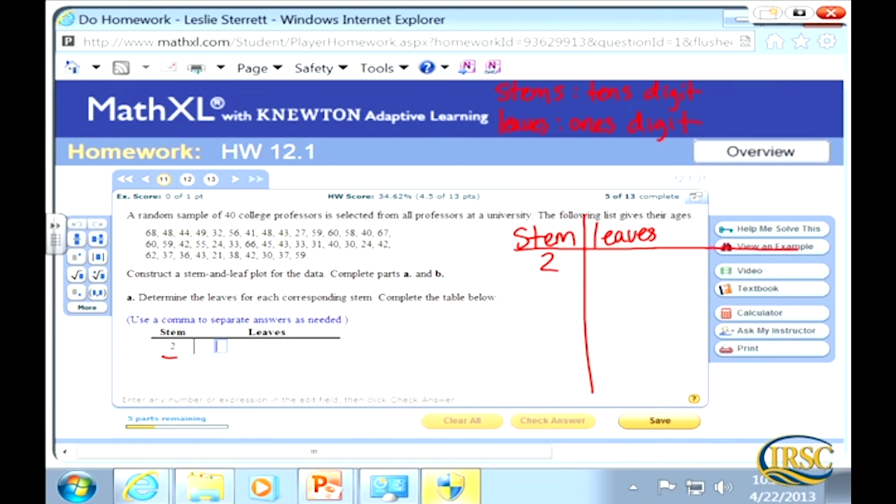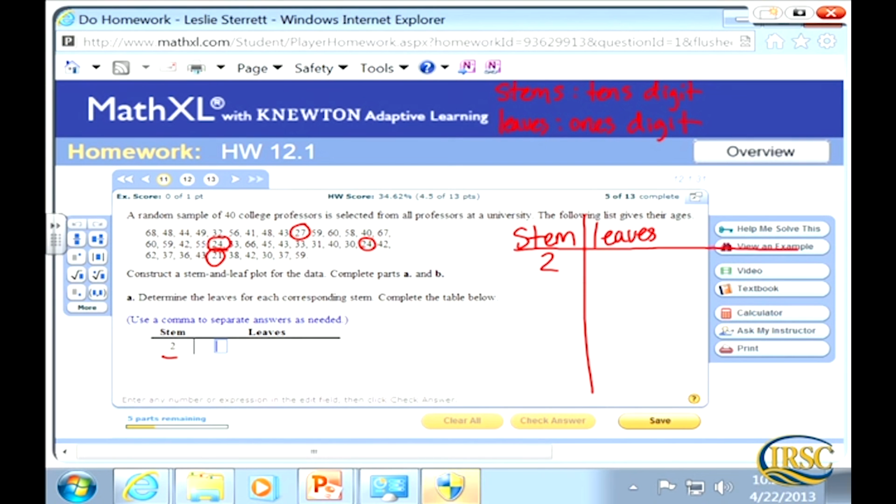So identifying all the numbers in the 20s, we have one here, here, here, and there. Did I miss any? I know it's sort of small for you guys. Okay, so we have a 21, two 24s, and a 27.